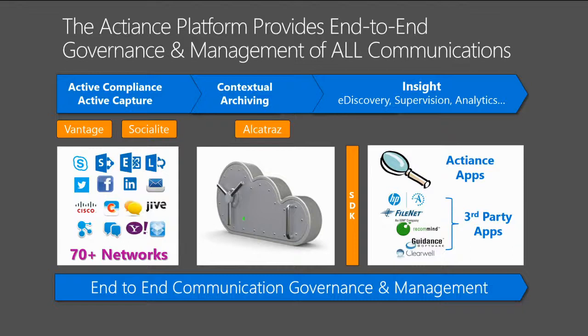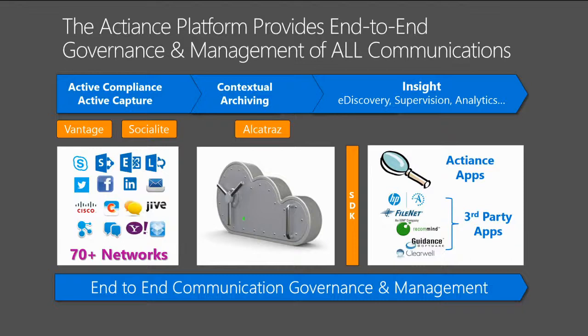We've got enterprise instant messaging and unified communication, such as Skype for Business and Link. For enterprise collaboration, we've got SharePoint and soon Yammer. We've got Exchange. And we've got a number of different social platforms: Facebook, LinkedIn, Twitter, YouTube. Altogether, we support 70 different networks between our Vantage and Socialite platforms.